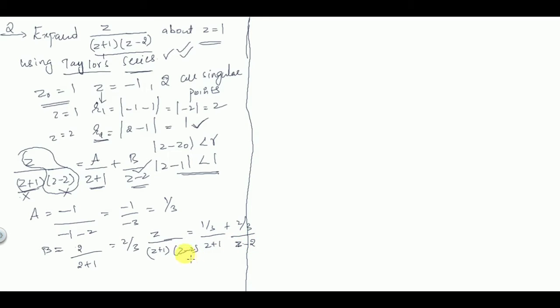Since you are calculating about z is equal to 1, take this 1 to the left hand side, so it becomes z minus 1, and let that term be equal to some constant p.